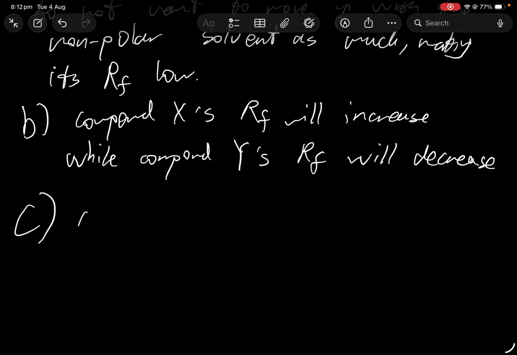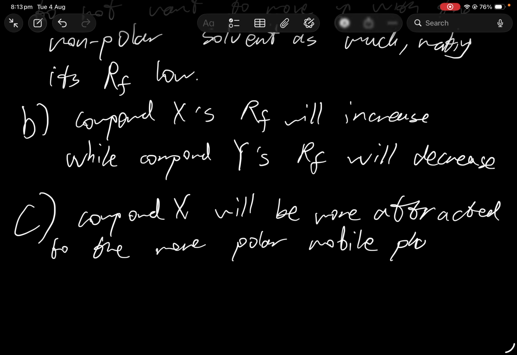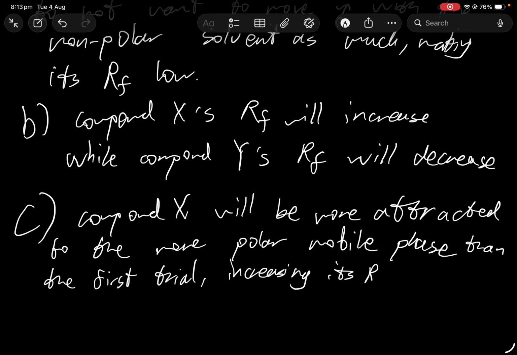So basically, compound X will be more attracted to the more polar mobile phase than in the first trial, increasing its RF.